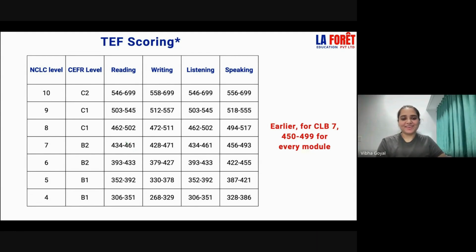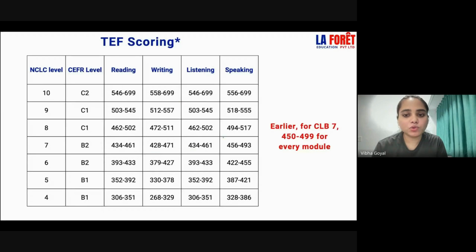So, I was saying minimum we had to score 450 earlier when the pattern had not changed. But now, since December 2023, which is 2024, we have to score less to get the CLB 7. 434, 428, and 434 are the minimum for reading, writing, and listening.